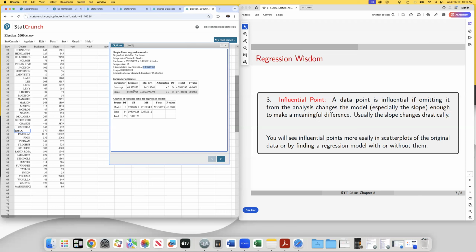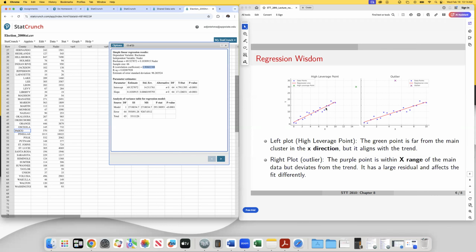So these are the three points we want to talk about. One is the outlier, two is the high leverage point, and three, the influential point. Now let's look at this. We can see from here that this X here is not that influential because I don't think it's going to change the slope that much.